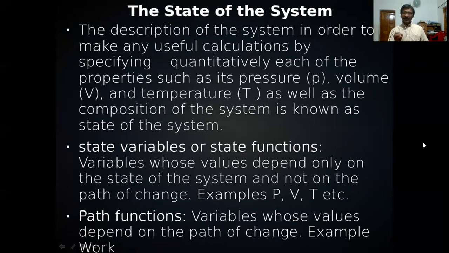The description of the system in order to make any useful calculation by specifying quantitatively each of the properties such as its pressure, volume, and temperature, as well as the composition of the system is known as state of the system. So state of the system means we have a clear idea about its pressure, temperature, volume, composition, etc. That is state of a system.